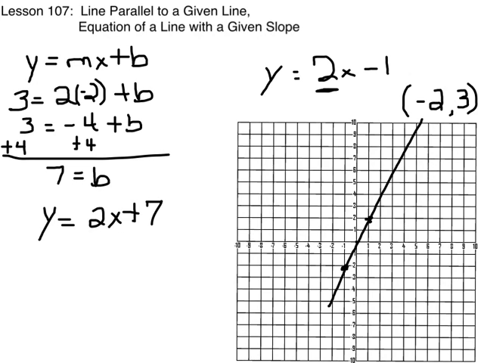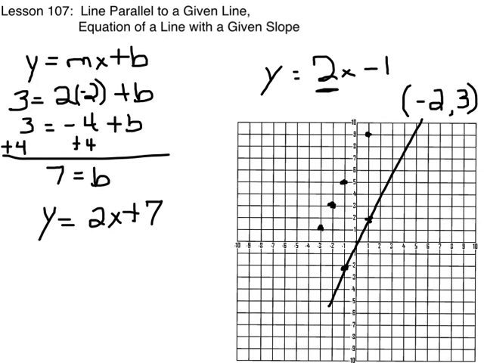Alright, let's start on 7 on the y-axis, go up 2 over 1, and from 7 let's go down 2, 1 to the left, have more room on this graph, down 2 over 1, down 2 over 1.